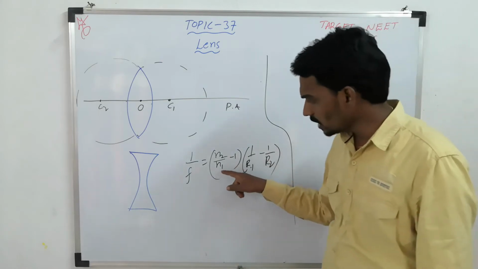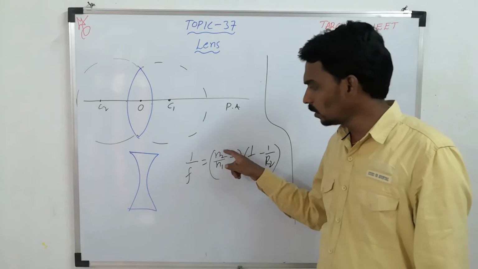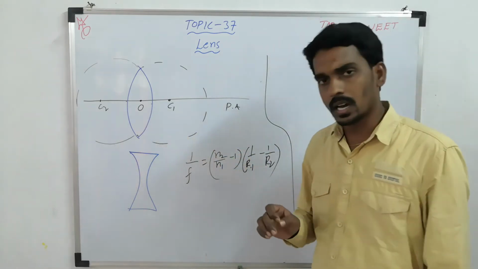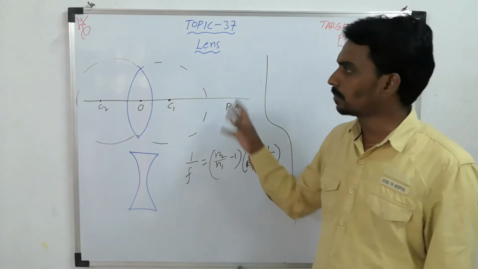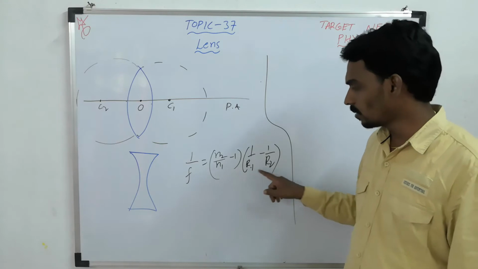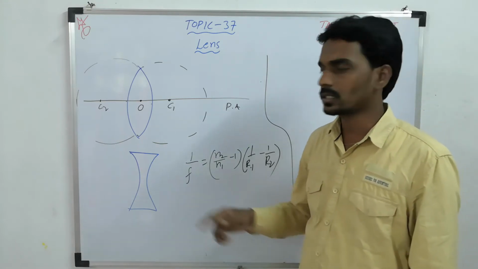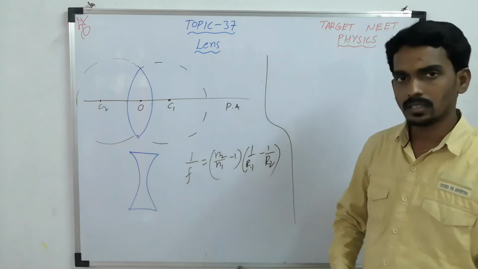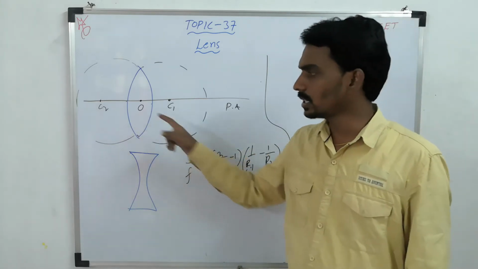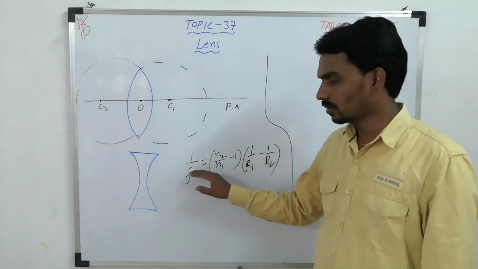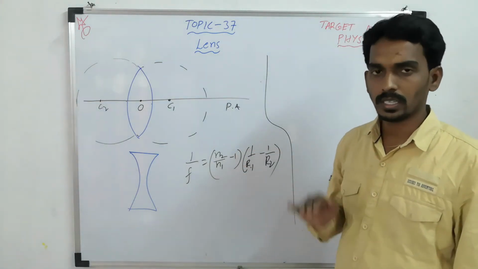Here, what are n1 and n2? n2 is the refractive index of the lens medium, and n1 is the refractive index of the medium in which the lens is placed. r1 and r2 are the radii of curvature of the first and second surfaces. For a convex lens, r1 is positive and r2 is negative, so the focal length is positive in air.